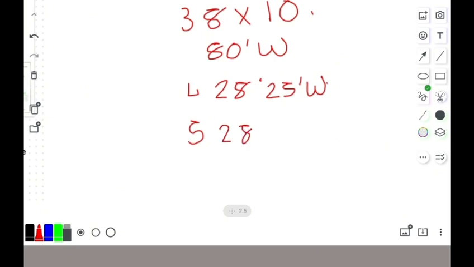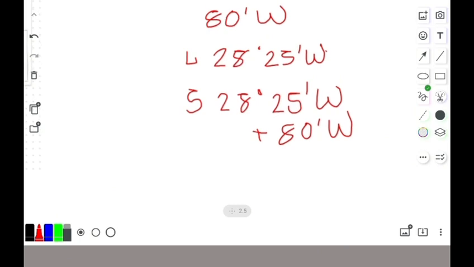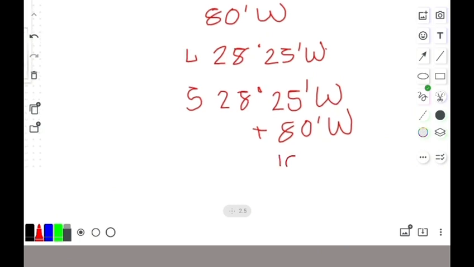So we're just going to write this down. There's nothing that's going to change here, not as yet. 25 minutes west, plus your 80 minutes west, and this gives us 105 minutes west.